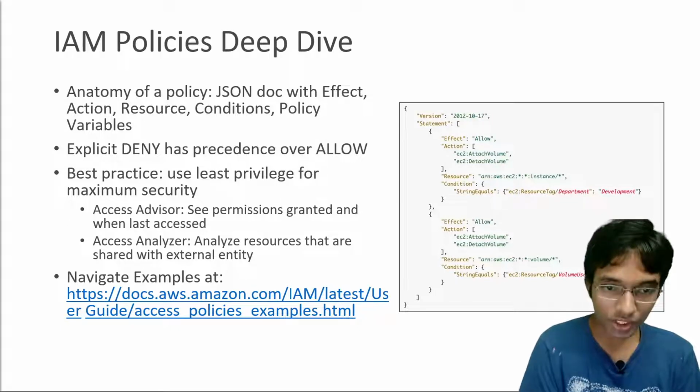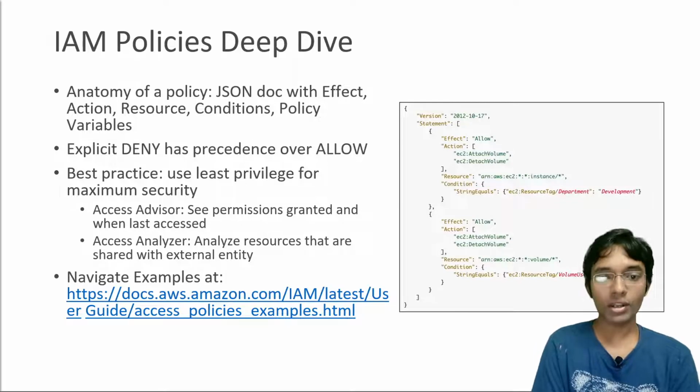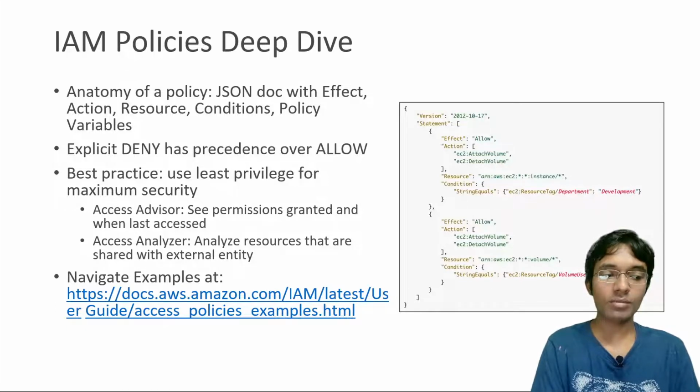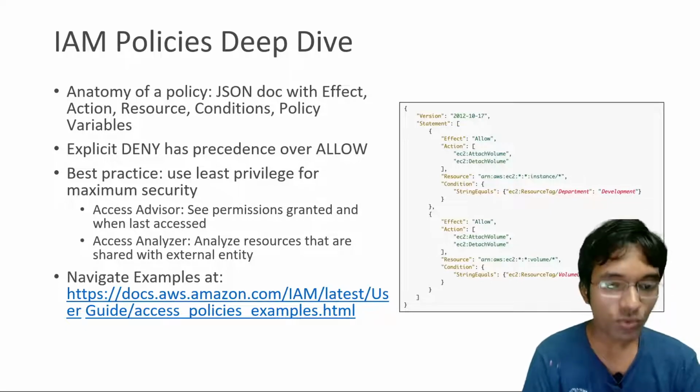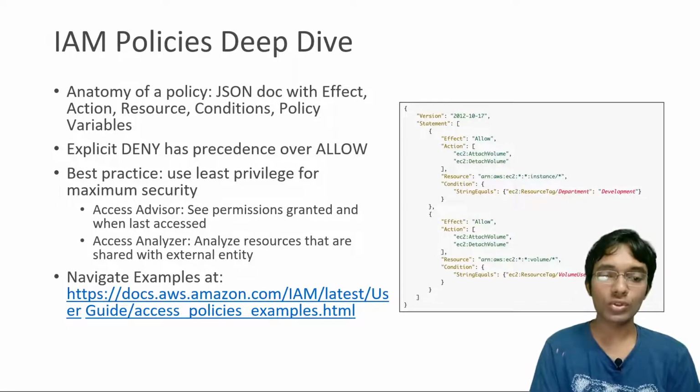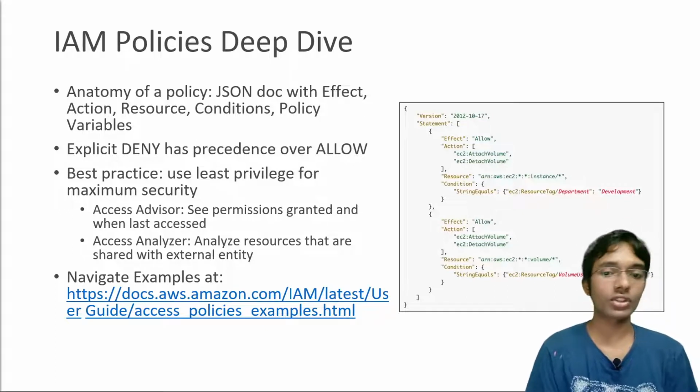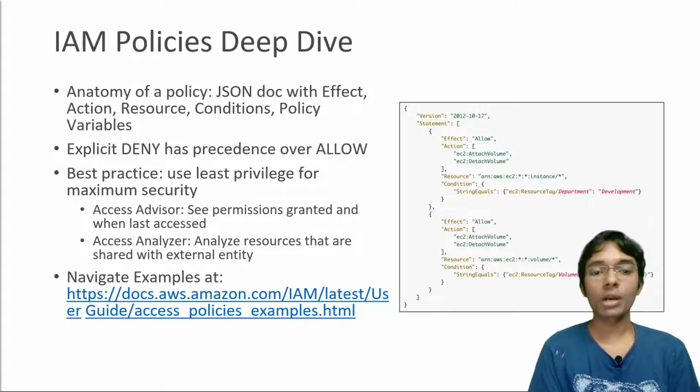We'll do a deep dive into all of these, but the idea is that a JSON policy looks like this, and then we have some statements. For example, allow ec2:AttachVolume and ec2:DetachVolume on the resource, which is all EC2 instances, and the condition is StringEquals on resource tag department development.